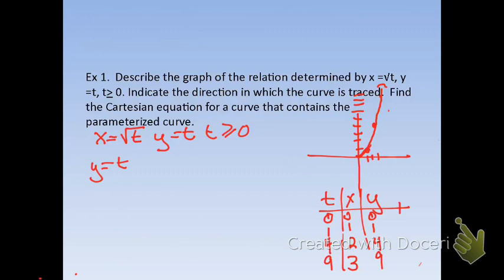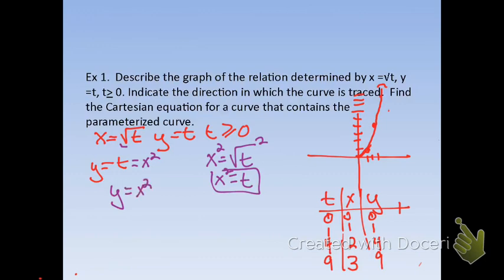So if I take that x equation, x equals the square root of t, I want to get t by itself, so I'm going to square both sides. t equals x squared. So now back over on this side, I have y equals t. Well, by solving this equation, we know that t equals x squared. So our equation will be y equals x squared in the Cartesian coordinate plane. And this applies for when x is greater than or equal to 0.